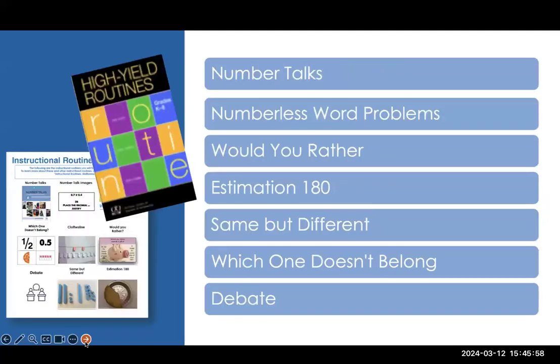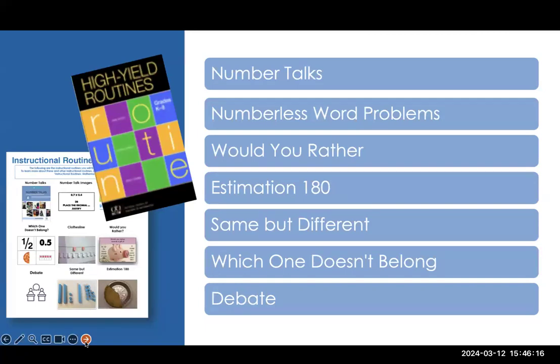So something else to consider when we're wanting to develop computational fluency is the use of instructional routines regularly. These can be at the beginning of a lesson, it could be during the lesson, right?